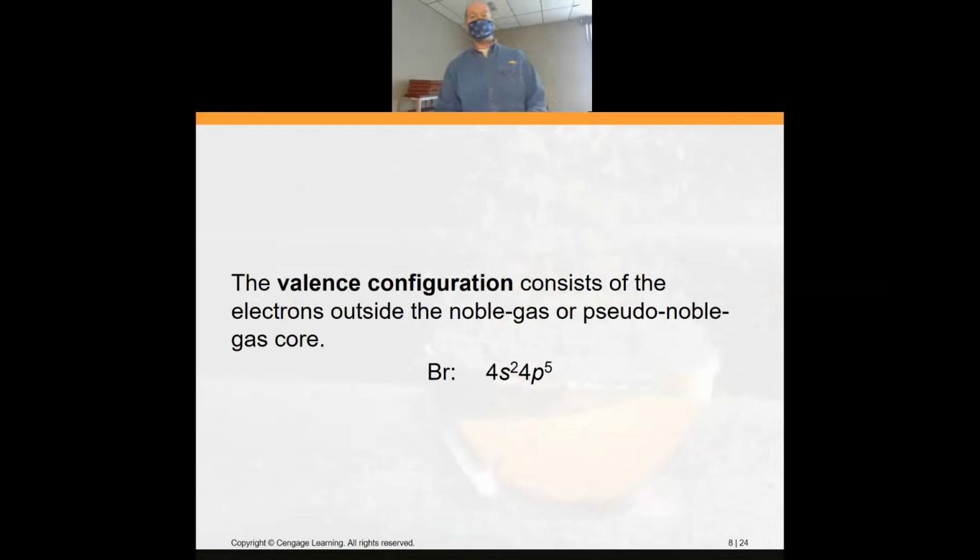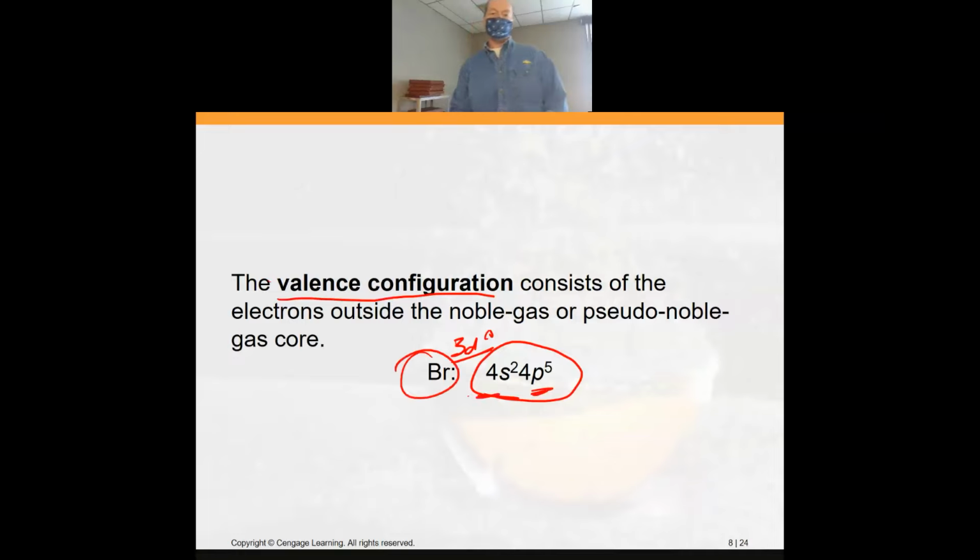All right, so your valence electrons are the S and P electrons outside the noble gas core. Your 3d10 is not called a valence electron. Your valence configuration is going to be the S and the P electrons outside the noble gas core.